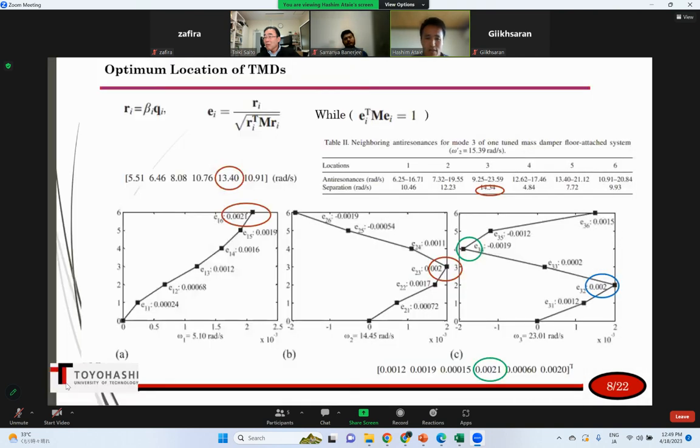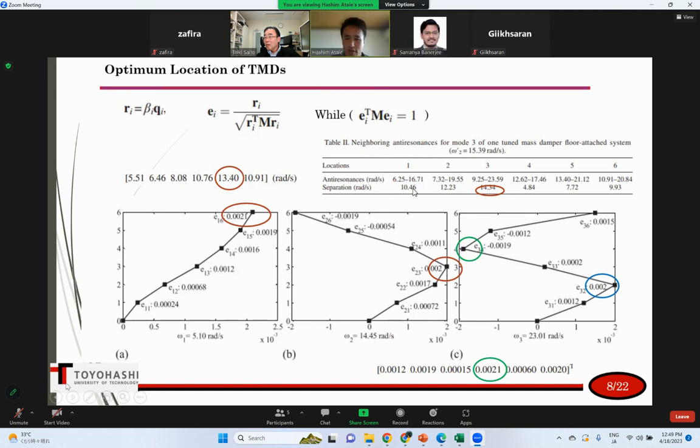For example, these are the mode shapes of the first, second, and third modes. In the third mode, we can see that the third floor has the maximum amplitude, so this is the location.